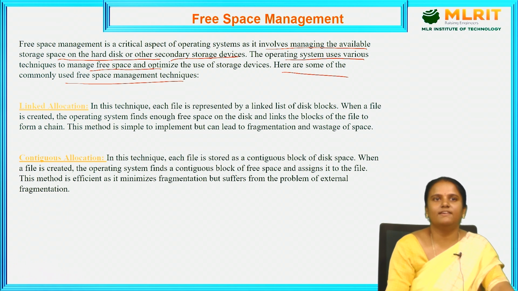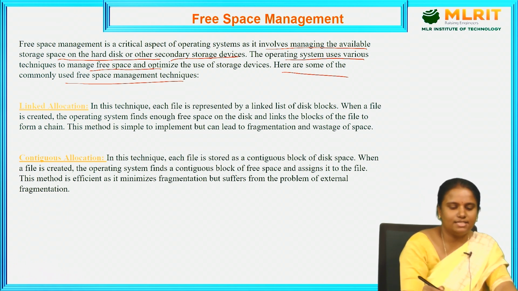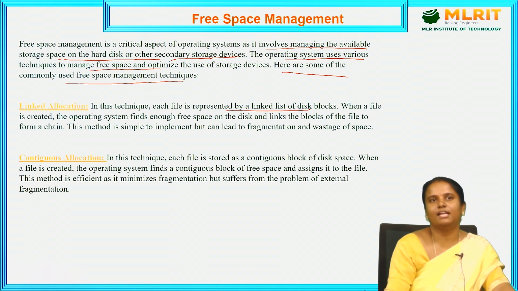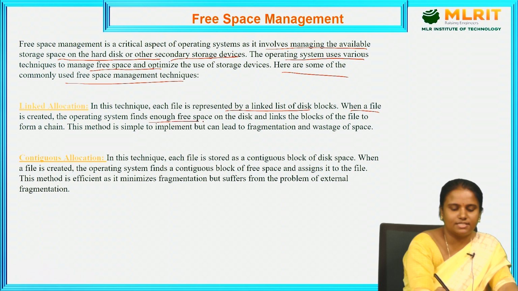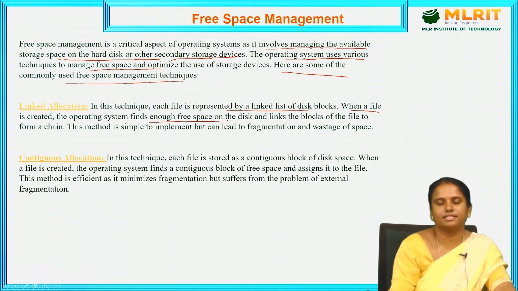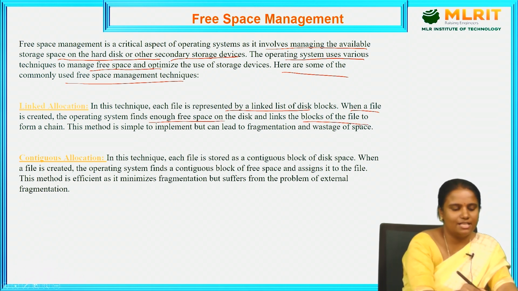So let us see linked allocation. In this technique, each file is represented by a linked list of disk blocks. In the previous session, we mapped a single linked list. All the files are represented in the single list and it consists of some block numbers. When a file is created, the operating system finds enough space on the disk and links the blocks of the file to form a chain.